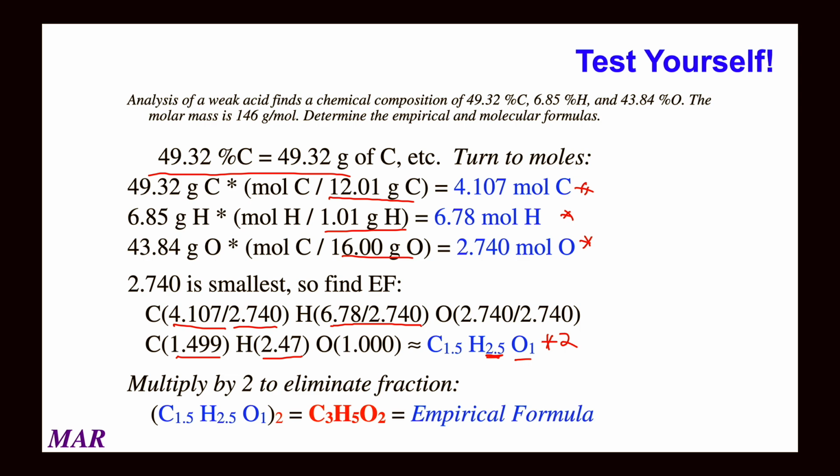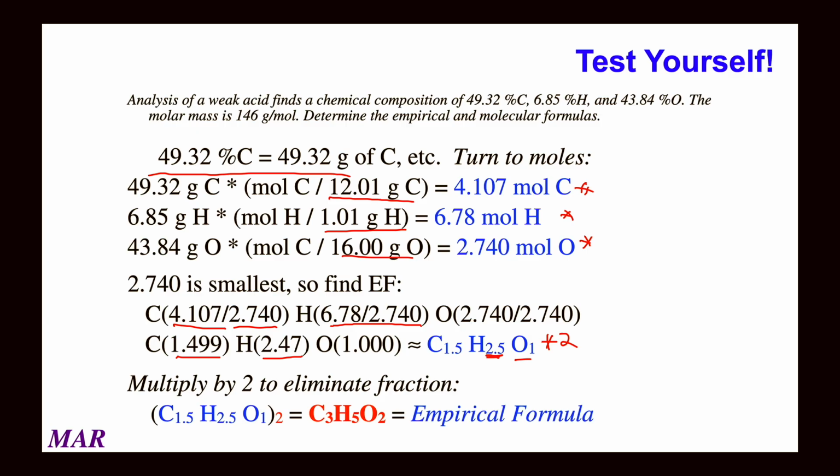So if you do that, you end up with an empirical formula of C3H5O2. Remember, don't leave anything in fractions. Chemists don't like fractions. So C3H5O2 is our empirical formula, and that's a great first step.